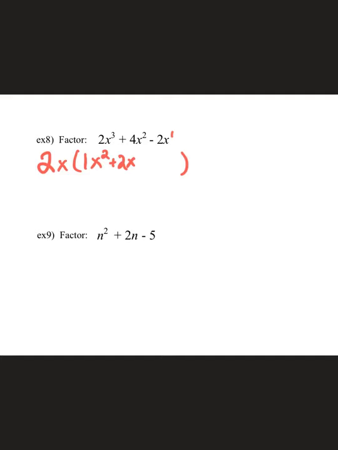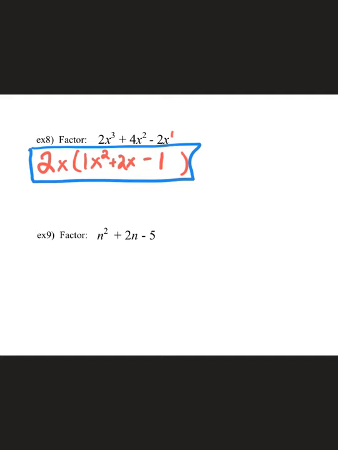I have to have something that I could multiply 2x by to get back to that, which means in this case, if everything gets factored out, it's just going to leave me with 1. And in this case, because it's minus, I should have minus 1. That would be our final factored answer, 2x times 1x squared plus 2x minus 1.